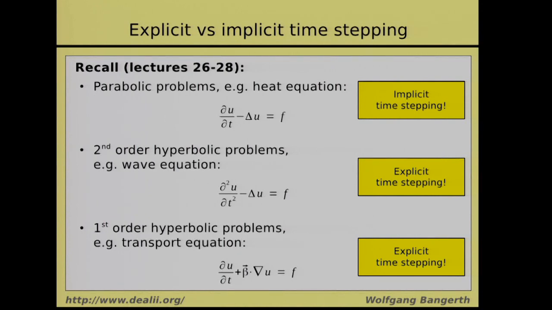And the same thing that I didn't talk about in the previous lectures, but the same kind of argument also applies if you had a first-order hyperbolic problem, and the typical prototypical equation that we look at is the transport equation, which says that the rate of change plus some advection terms, so there's typically a, let's say, wind speed, for example, and so that's my beta, that's a vector, dot the gradient of the solution, so that would be the derivative of u in direction beta.